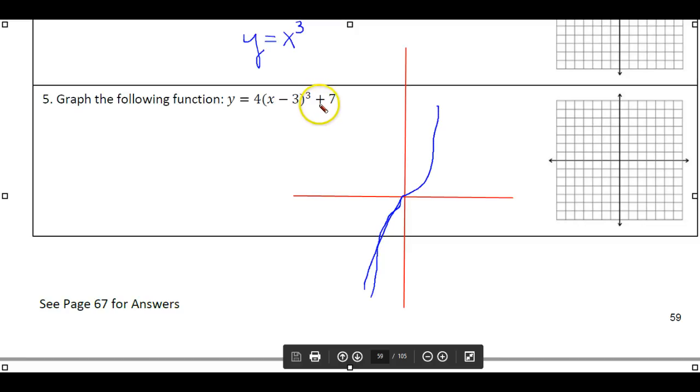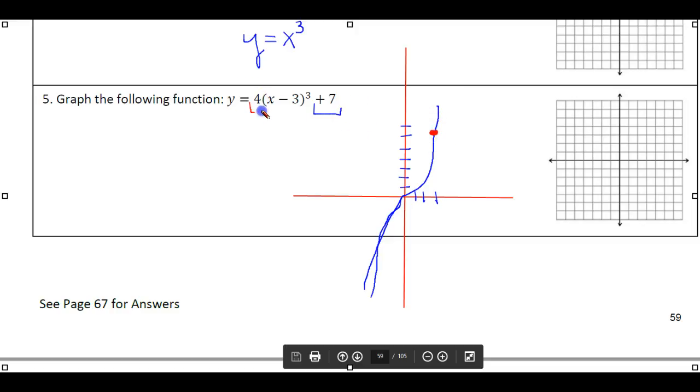Well, we know our y-intercept is raised up to 7. So 1, 2, 3, 4, 6, 7. And then this is a -3. So we're going to shift it over 3. 1, 2, 3 in a positive direction. So our new line here is going to go at this point.